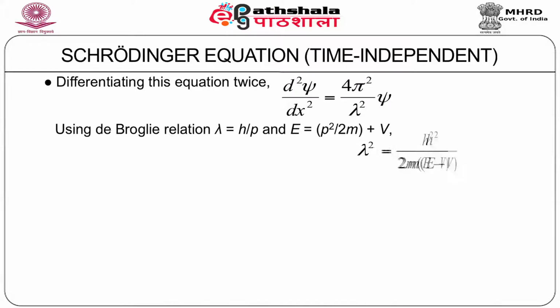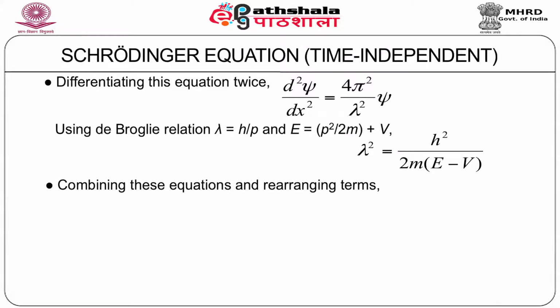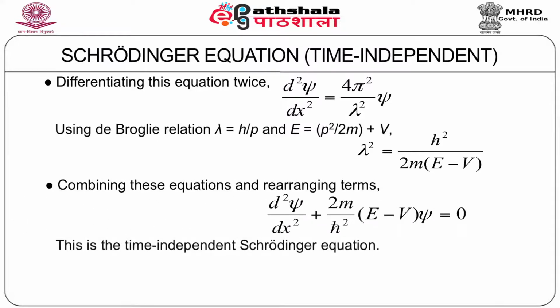If you do that, then you get lambda squared equal to h squared divided by 2m(E minus V). If you combine these equations and rearrange terms, then you get the time-independent Schrodinger equation. So this is a simpler way of arriving at the Schrodinger equation.